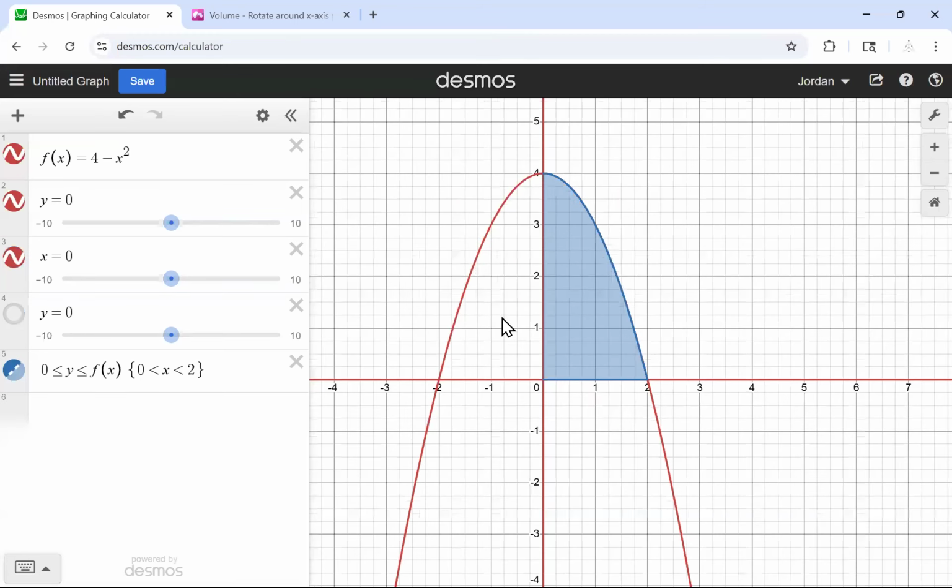Same region. I won't waste a lot of time sketching that because we've sketched it a couple of times already. We want to rotate around the x-axis.